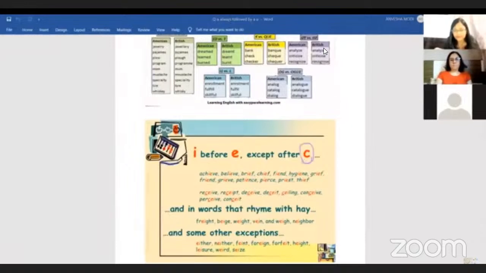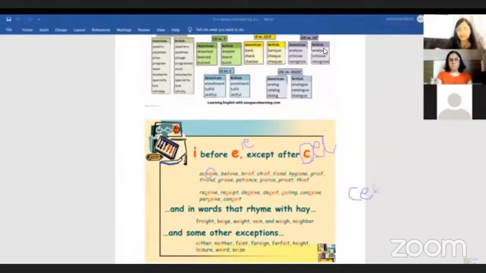You just have to check for the letter C. Letter C will have EI. But if it is not letter C, then it will be IE, like in achieve, believe, brief, chief. So you will have I and E. But if you have any word with a C, then it is EI.